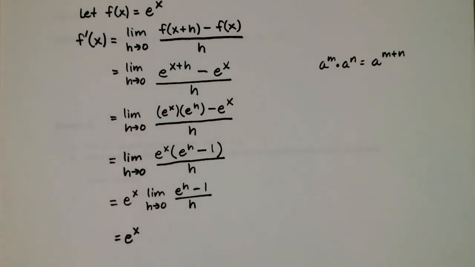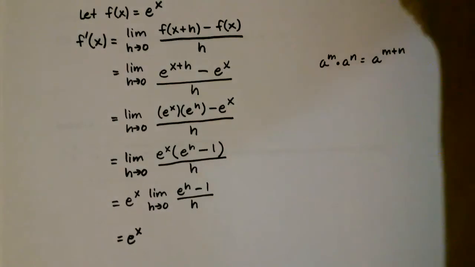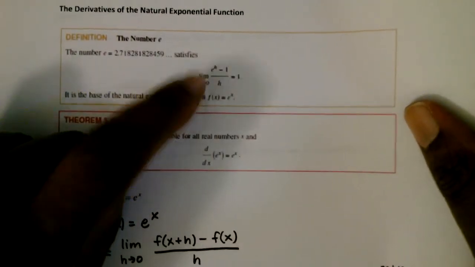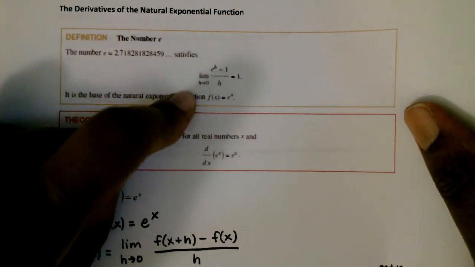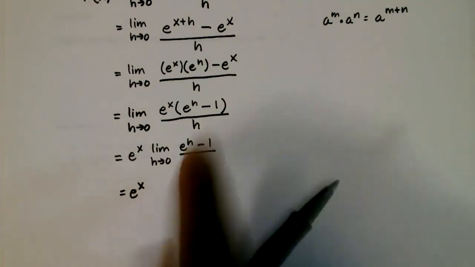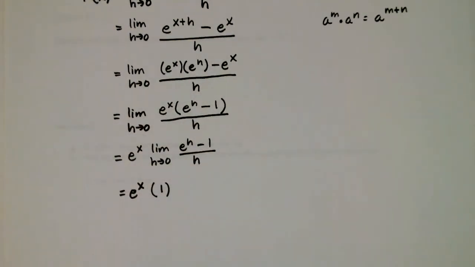Now, this is our definition of the number e, which is this right here. The limit as h approaches 0 of e to the h minus 1, all divided by h is equal to 1, which is exactly what I have right here. So I can replace that with the 1, because the limit as h approaches 0 of e to the h minus 1 divided by h is 1.